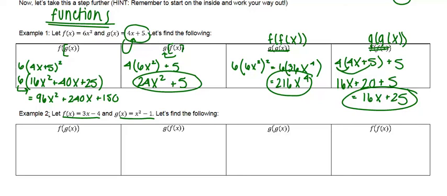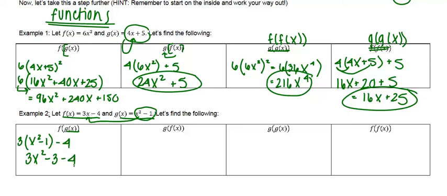So let's try a couple more on this front side and then I'll let you do some practice on your own. For example 2, we have two functions, f of x and g of x. And f and g is just a different way of naming our equation, so we know which one is which. So for example 2, I'm starting with g and I'm plugging it in to x, just x.